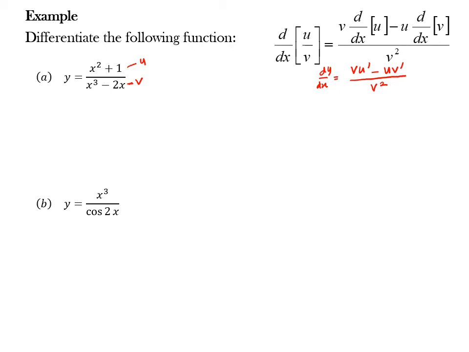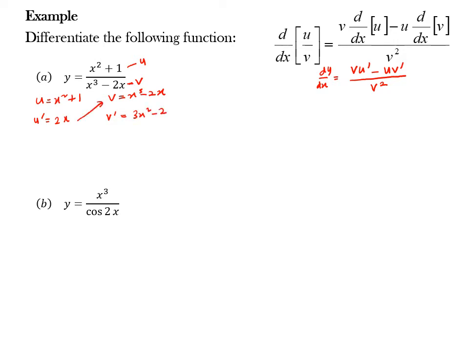So your u is equal to x squared plus 1, your v is equal to x^3 minus 2x. So your u prime now is 2x, v prime is equal to 3x squared minus 2.